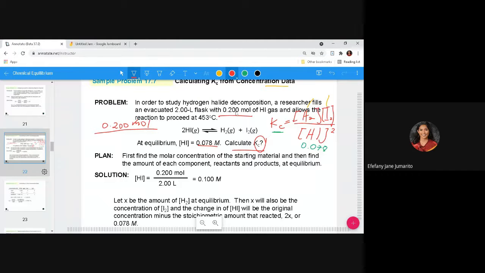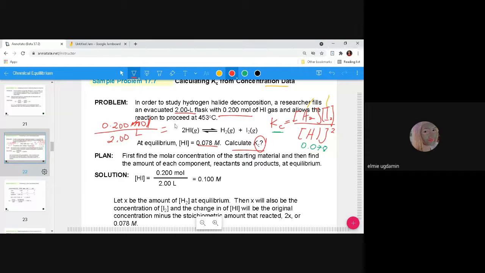So we have HI at 0.200 moles, but it's not yet concentration. We divide that by 2 liters.